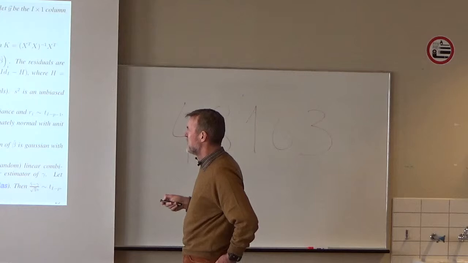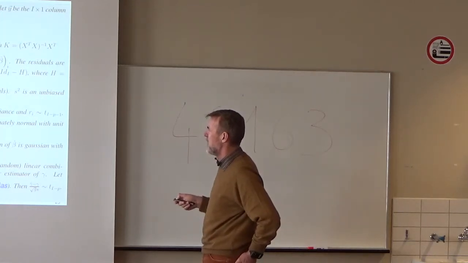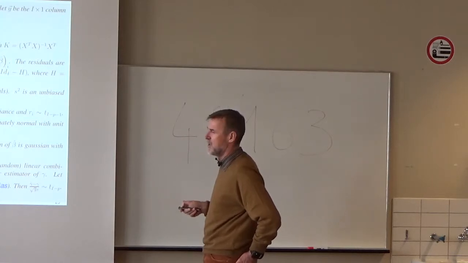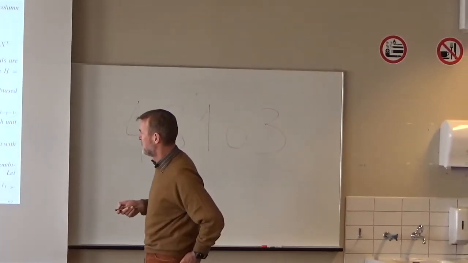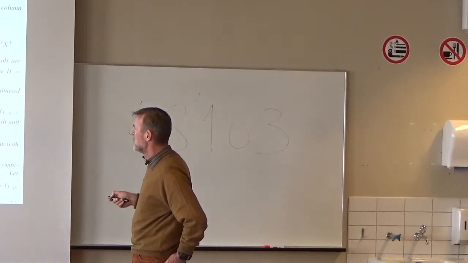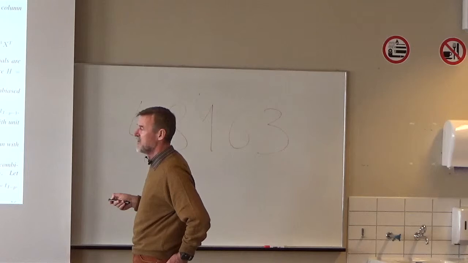A few things about the residual. We call residuals the errors once we've done the estimation. So y is my data, x beta hat is what I estimate the true thing would be. So the difference between the two, the ith coordinate, is the ith coordinate of my error. That's what we did in the previous example here. Now, if we do this, we obtain residuals that are zero mean Gaussian, but are correlated.